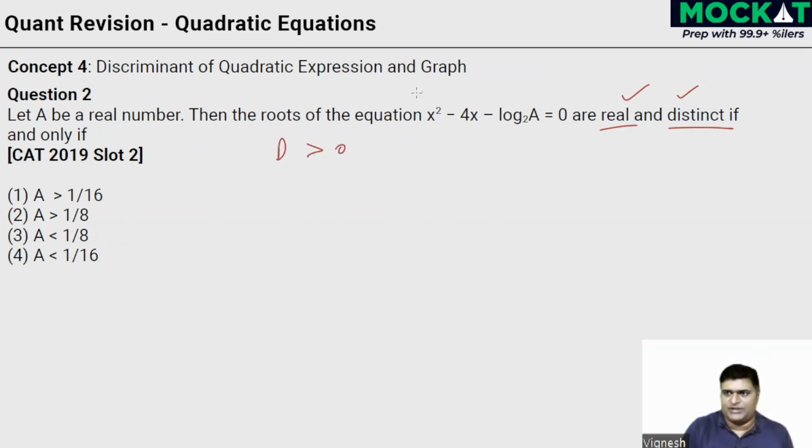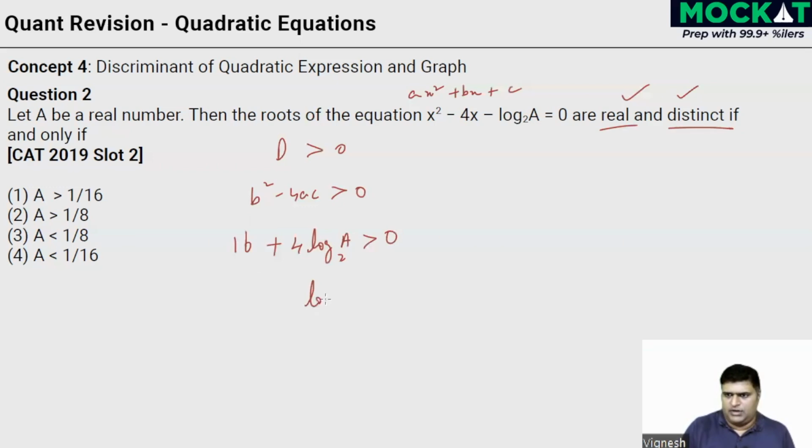b square minus 4ac when written in the form ax square plus bx plus c. What is b square? Let's write down b square minus 4ac. Right? And b square over here is minus 4 whole square, which is 16. Minus 4 into a into c. Minus 4 into 1, minus 4. Minus 4 into minus log a to the base 2 is plus 4 log a to the base 2, greater than 0.